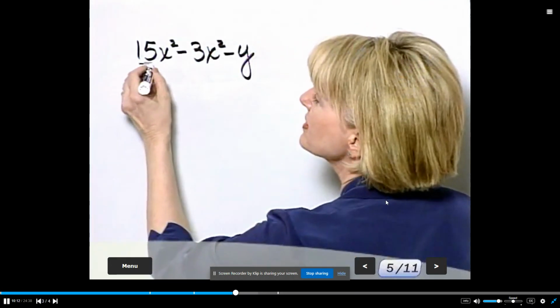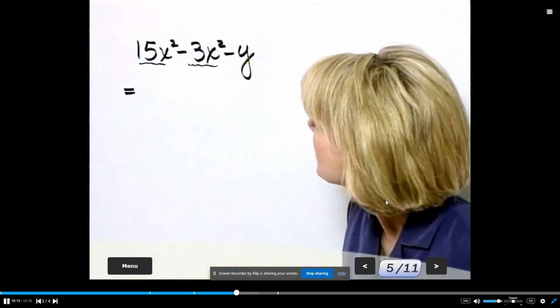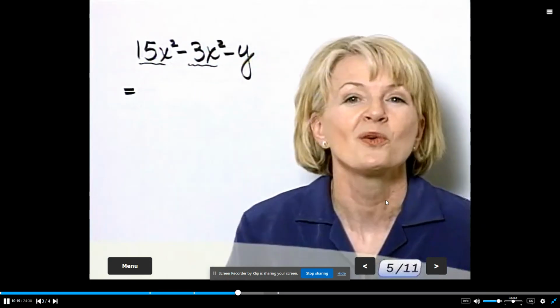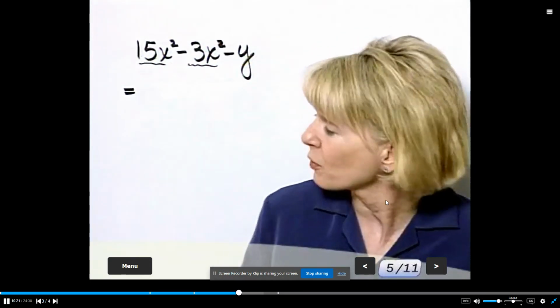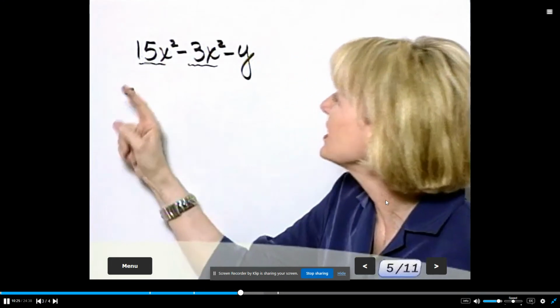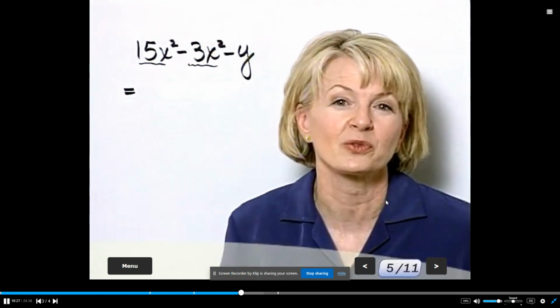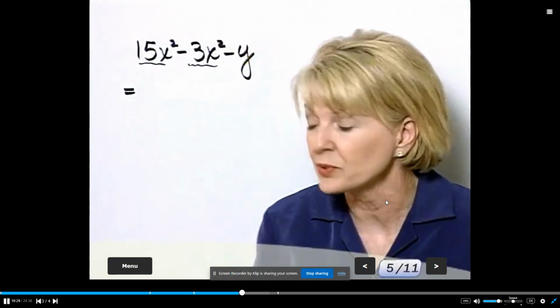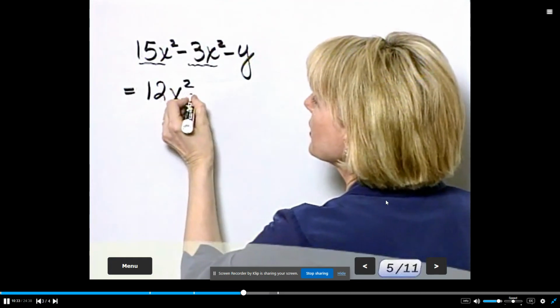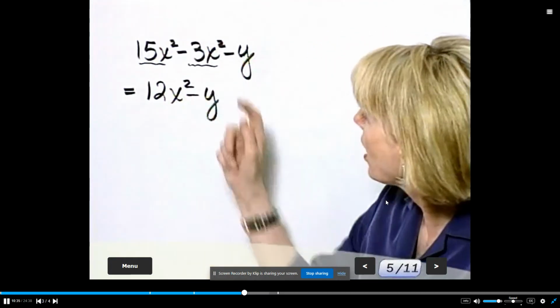Well, notice this term and this term, those are like terms because we have exactly the same variable raised to exactly the same power. So we can combine these two terms. 15x squared minus 3x squared, 15 minus 3 is 12, so we have 12x squared minus y.